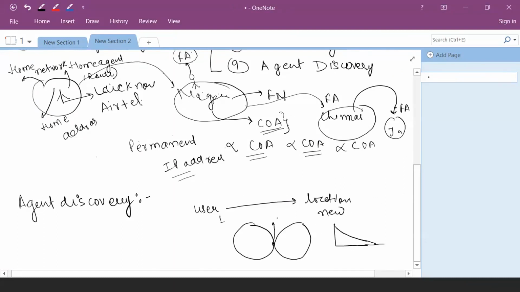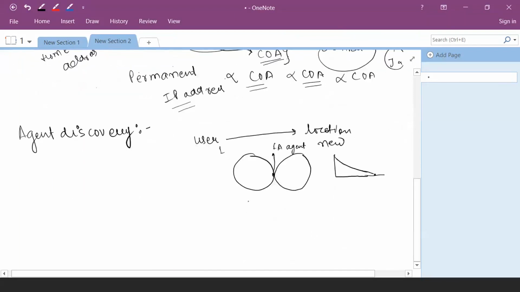That is the point where my foreign agent works, and this foreign agent keeps track of where my signal changes rapidly or drastically reduces, and it will allocate me a new IP address and maintain a connection with a new base station. This is the new base station in the foreign network. That is called the process of agent discovery, which is performed by the foreign agent in order to gain connectivity with the internet.